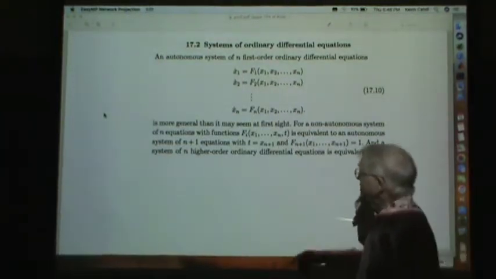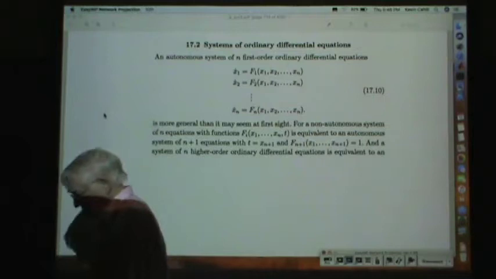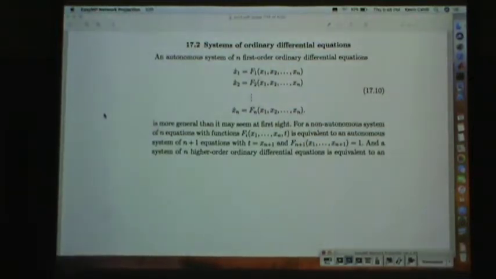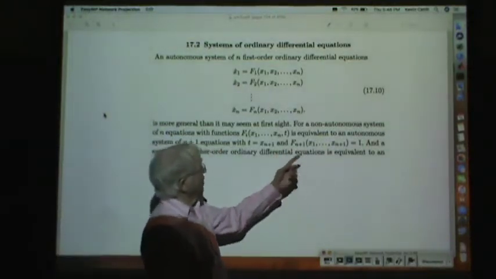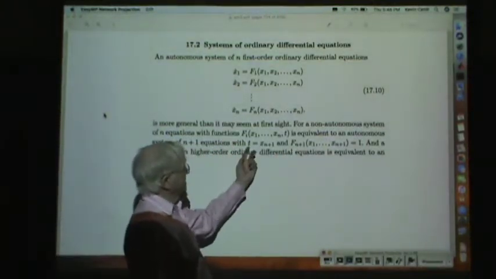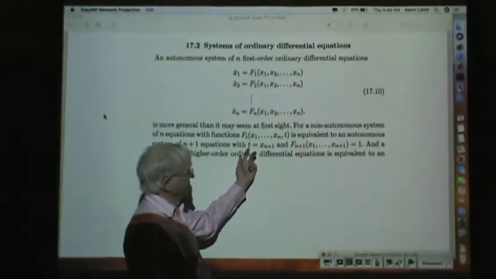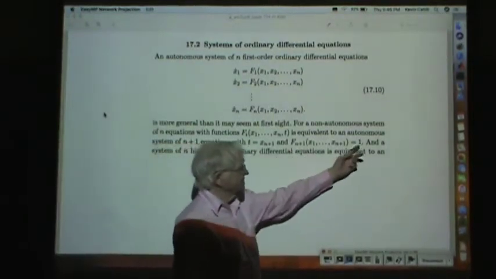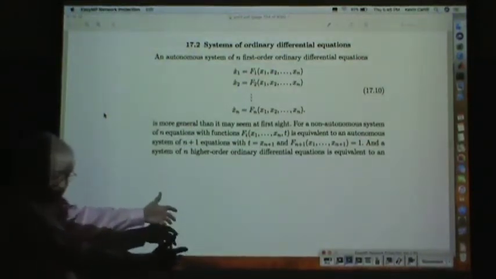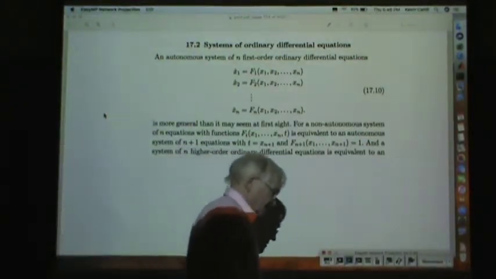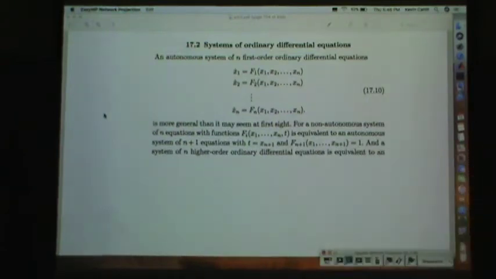In particular, suppose you have a non-autonomous system, so there are times in the f's. Well, what you can do is set time equal to the n plus 1 coordinate, and then you set f n plus 1, which would be the time derivative of the time. Well, that's 1. So you set this equal to 1. And then you've written a non-autonomous system as an autonomous system.